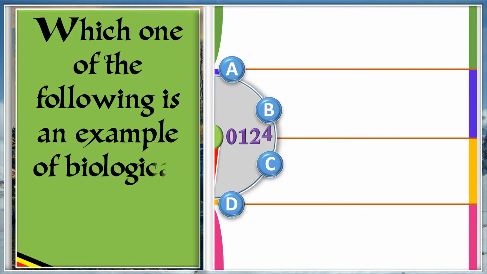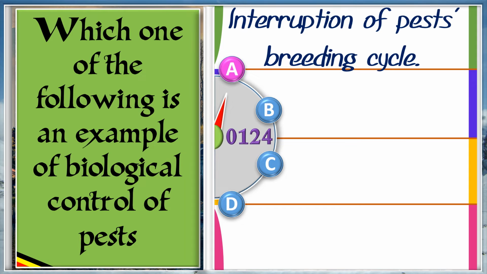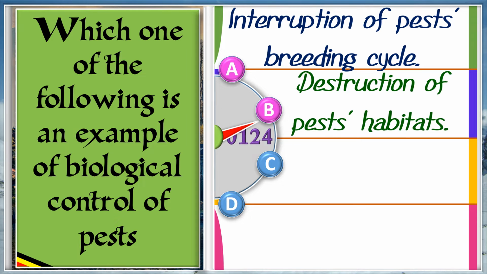Which one of the following is an example of biological control of pests? A. Interruption of pests' breeding cycle. B. Destruction of pests' habitats.